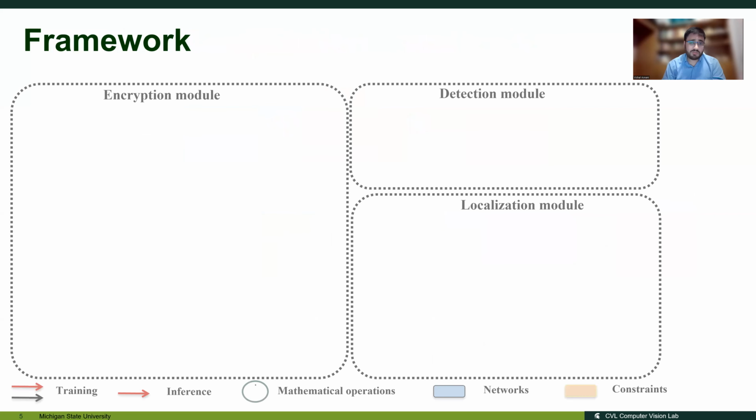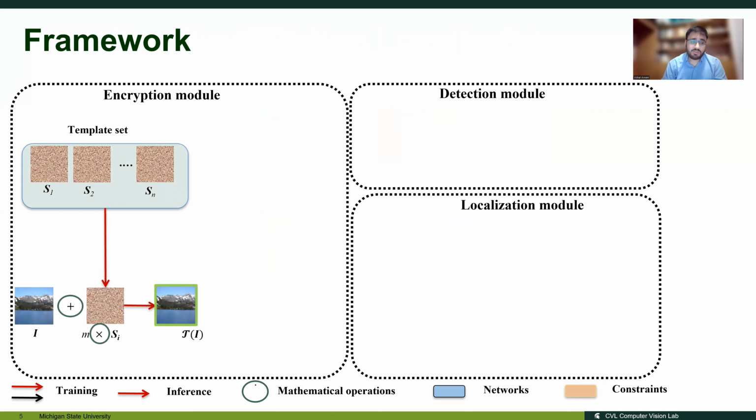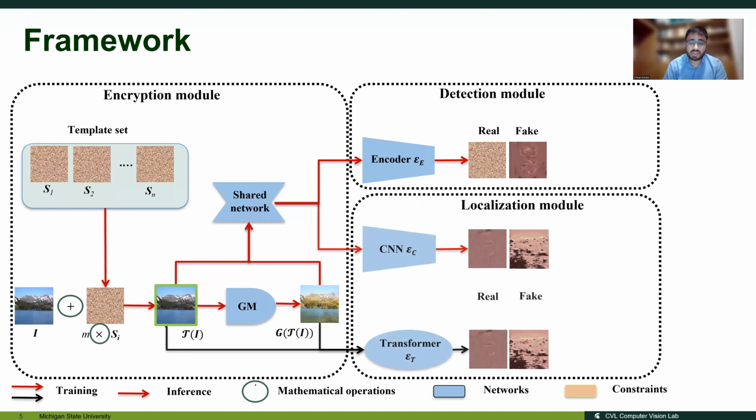Our framework consists of three modules: the encryption module, the detection module, and the localization module. The encryption module consists of a template set from which a template is selected randomly to add onto the images, and a generative model is used in evaluation mode to perform the encryption. Then we have a shared network and an encoder network to perform the detection, and a shallow CNN network and a transformer are used in a two-branch architecture to perform the localization.